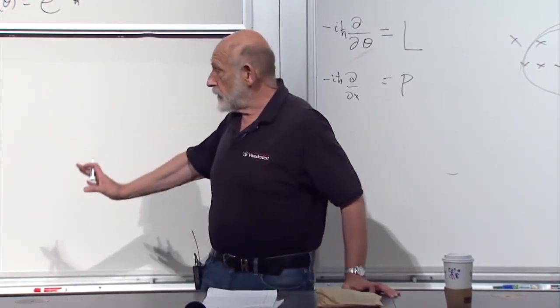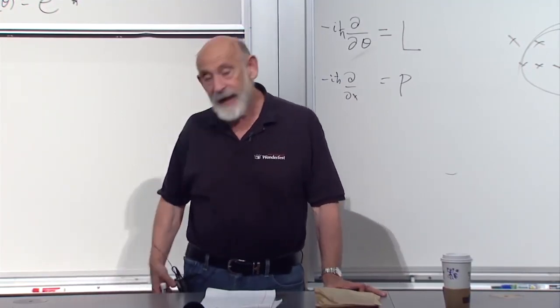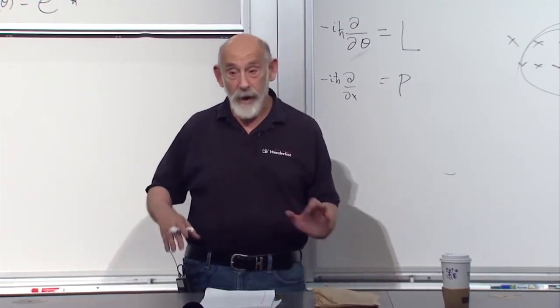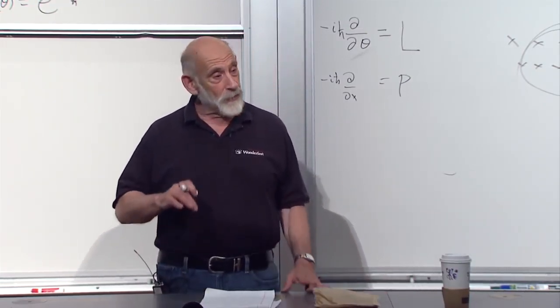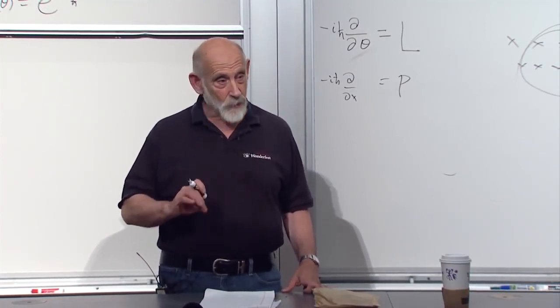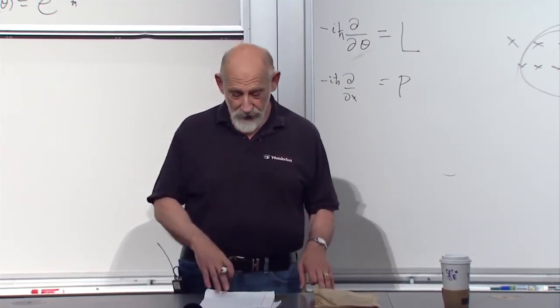Not this symmetry. Rotation symmetry by itself is not enough to tell you that the energy levels are degenerate. Why am I even talking about it? Well, if you add one more symmetry, it is enough to tell you that the energy levels have to be degenerate.